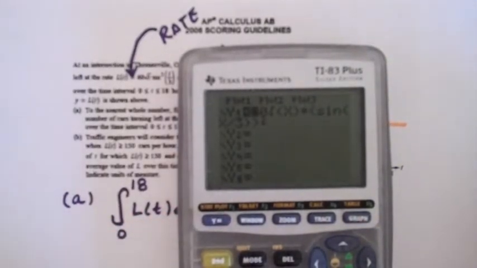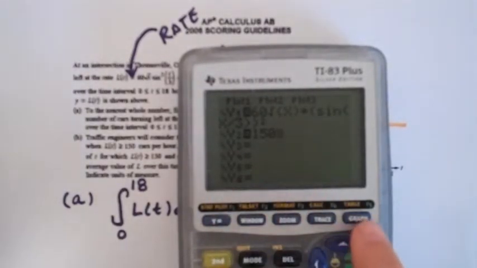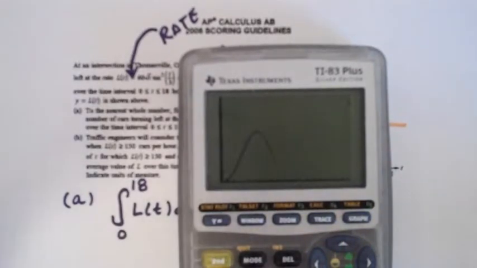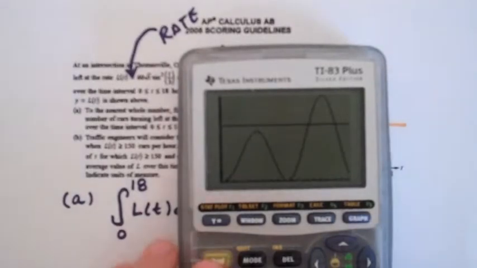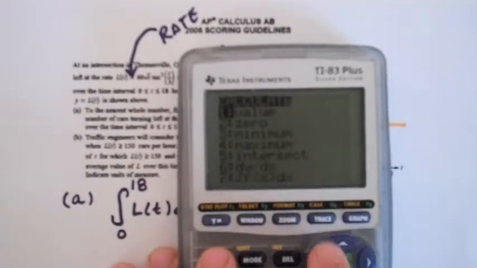Come back here. Let's put in 150 into the y2, and then graph again, and then do a calc intersect.